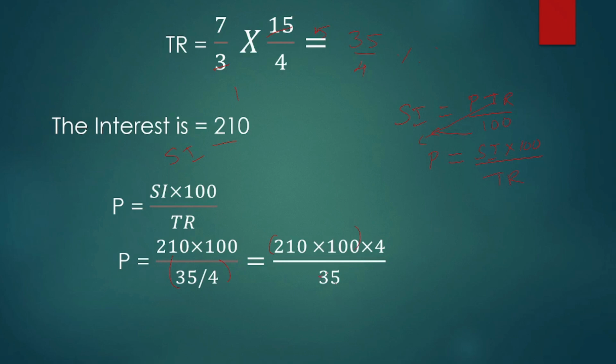If you make the cancellation, 5 sevens are 35, 5 twos are 10, 0 0, 7 threes are 21, 3 twos are 6, 6 fours are 24, and here the two zeros remain. That is, the principal in this transaction of simple interest is 2400 rupees. This is your answer.